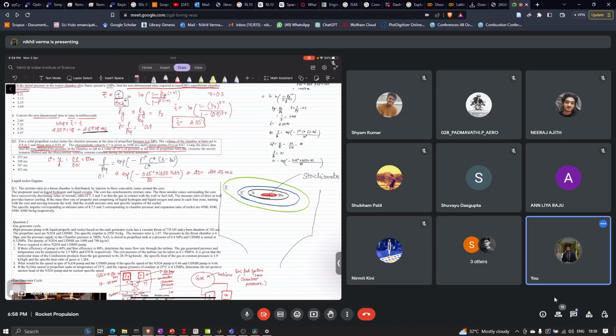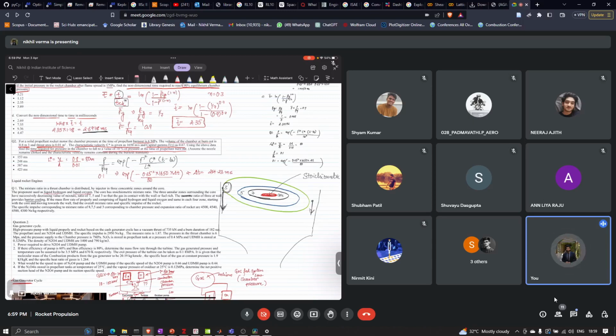The low mixture ratio at the wall provides barrier cooling. Since it is hydrogen rich, it provides cooling to the walls.